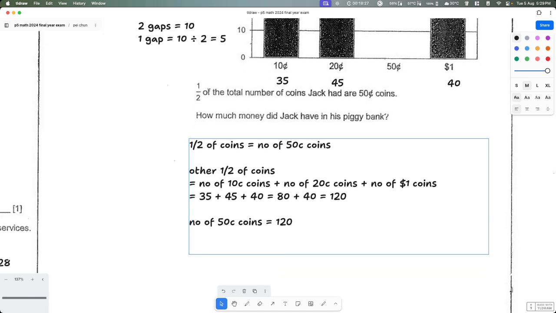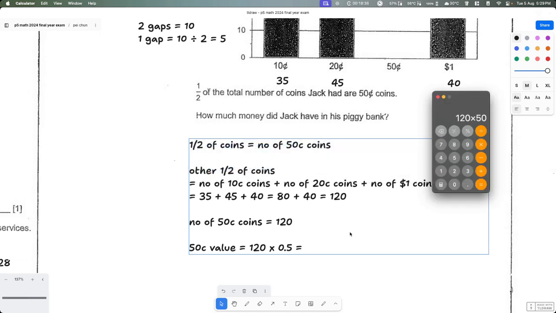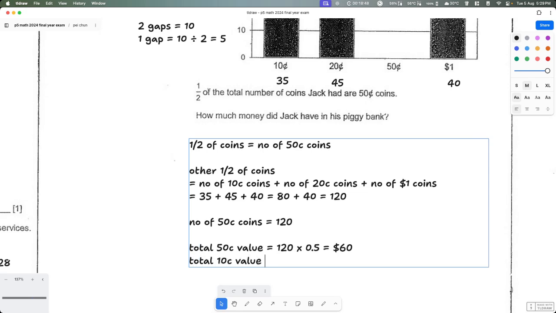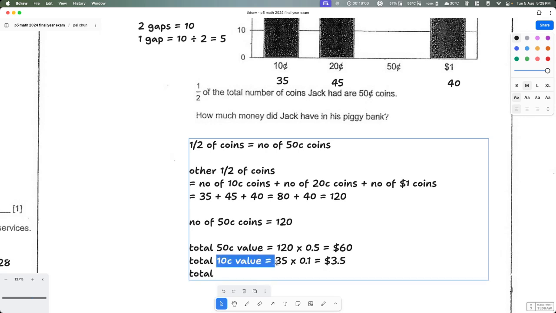The total 50-cent value is 120 multiplied by 0.5, which is $60. The total 10-cent value is 35 times 0.1, which is $3.50. The total 20-cent value is 45 times 0.2, which is $9. Okay, double check again.